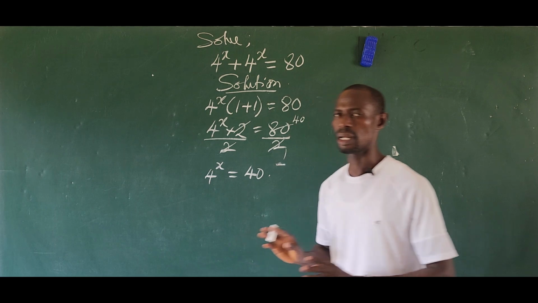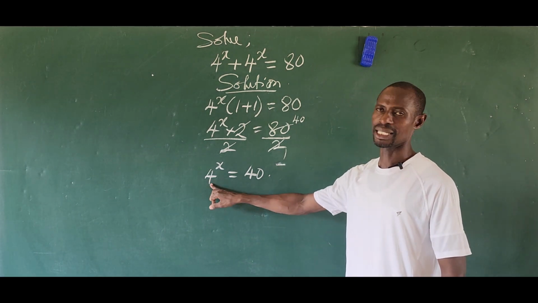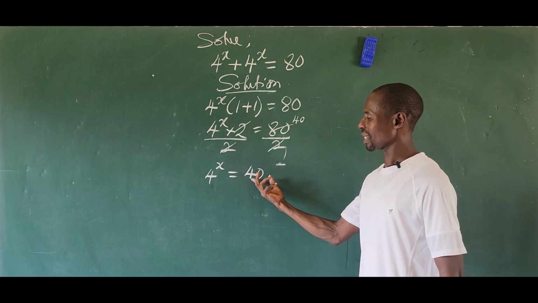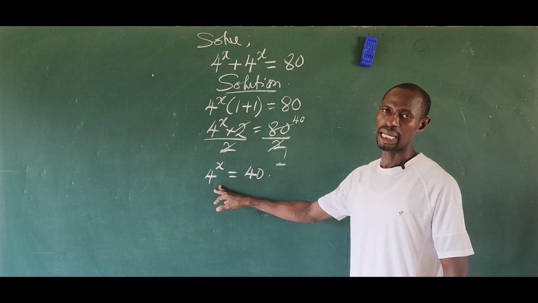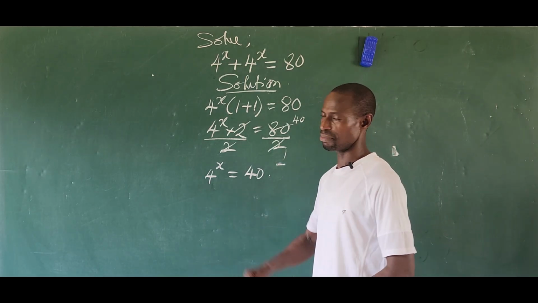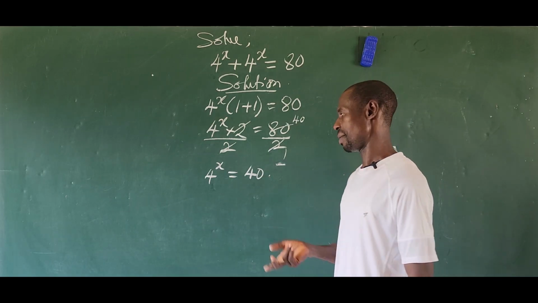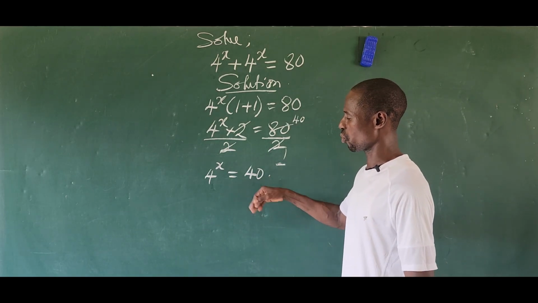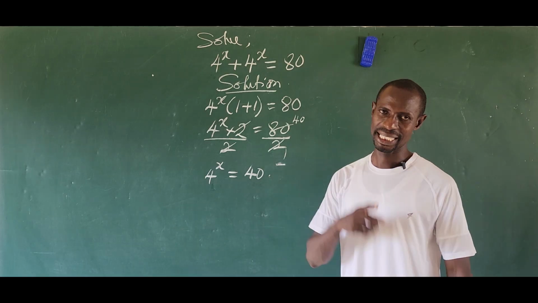Now the figures look similar, but here we have 4 as the base number, and we cannot express 40 in base 4. Neither can we express it in base 2. And so we just have to simplify this down. How do I mean? We can break this down to give us 2 times 2, which is 4, times 10.